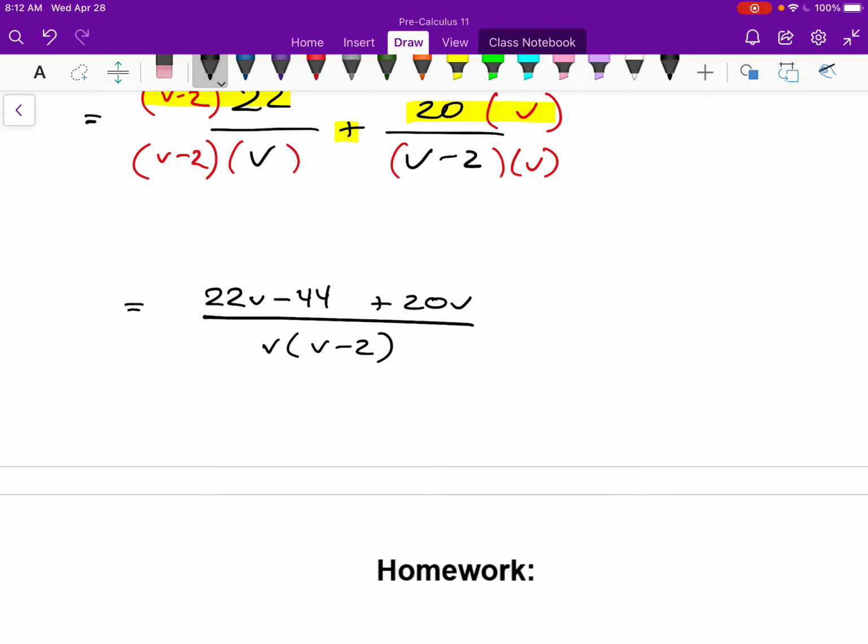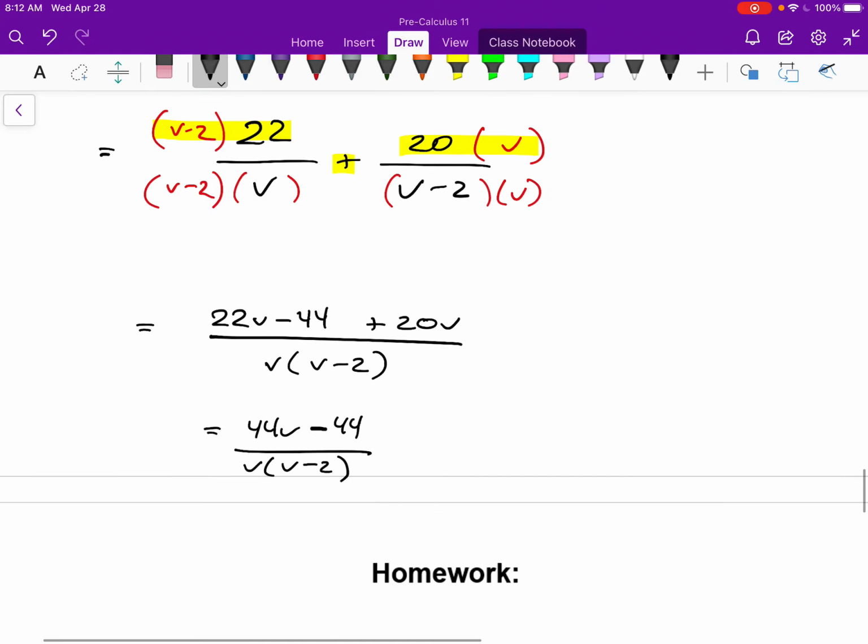And then combine like terms. And what do we have here? I have 44v minus 44 over v times v minus 2. I will say my numerator, I can take out a factor of 44. I get v minus 1, but still nothing cancels out.